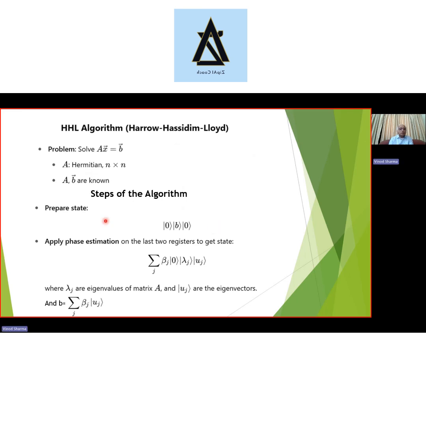First thing we do is we prepare a state |0>|b>|0>. b is the same b here. Now apply phase estimation on the last two registers.